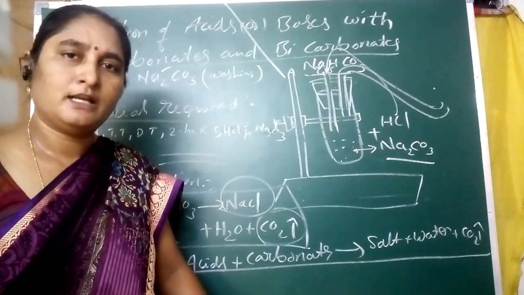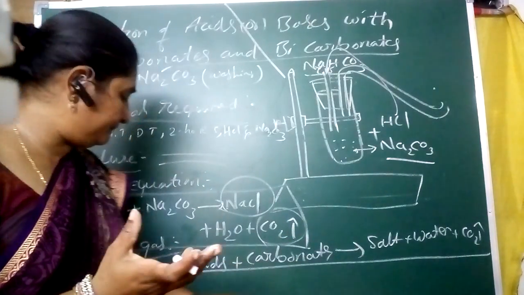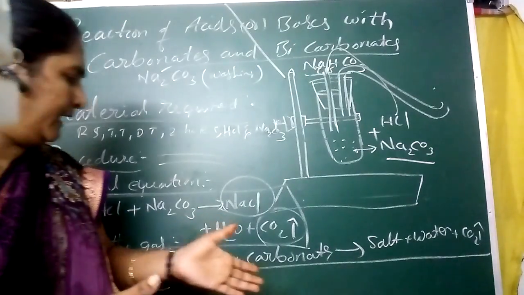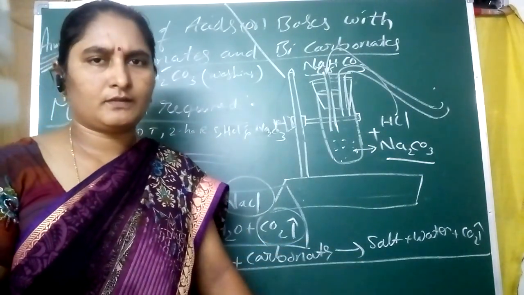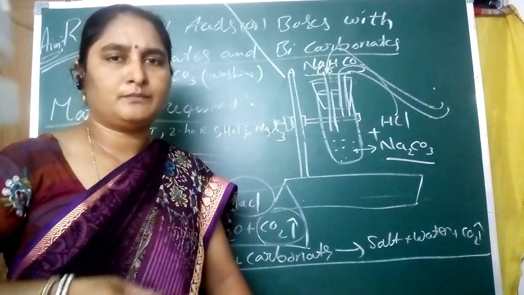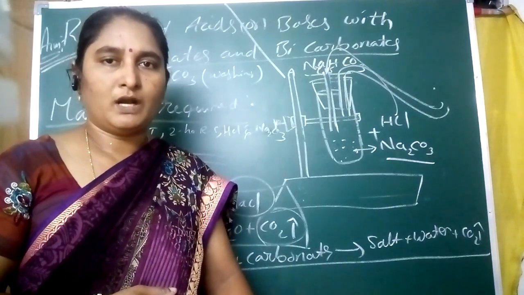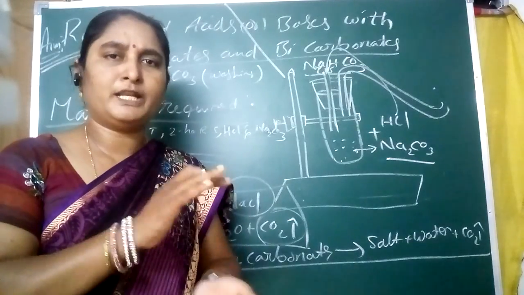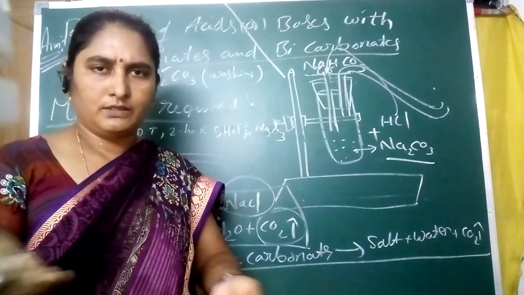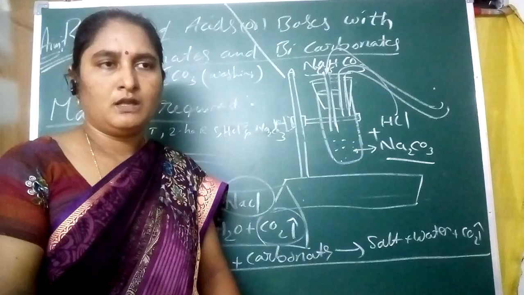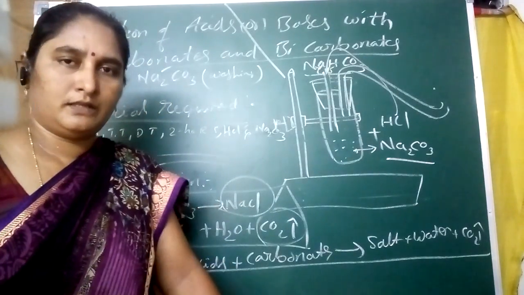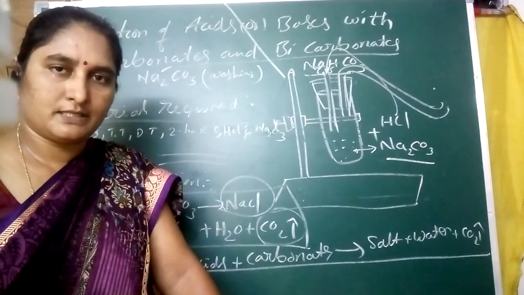Madam, can we see this in our daily life? Yes, we can see that. Suppose we keep some carbonates in a container, add some lemon to that, and put a lid on it. Then what happens? Take washing soda in any container and add some lemon pieces to that.